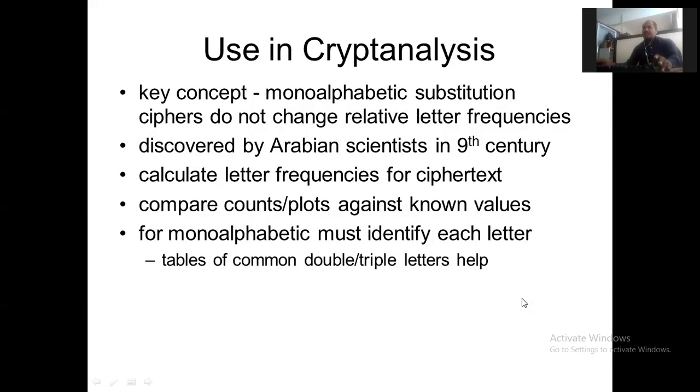Cryptanalysis means that a third person or hacker tries to find out the plain text from the cipher text without knowing the key. The key concept: monoalphabetic substitution ciphers do not change relative letter frequencies, and this was discovered by Arabian scientists in the 9th century.